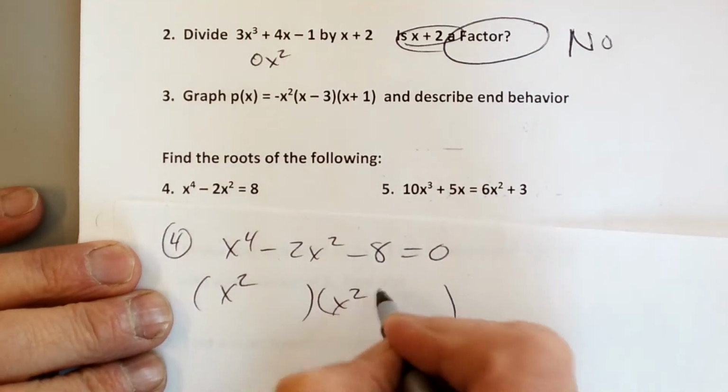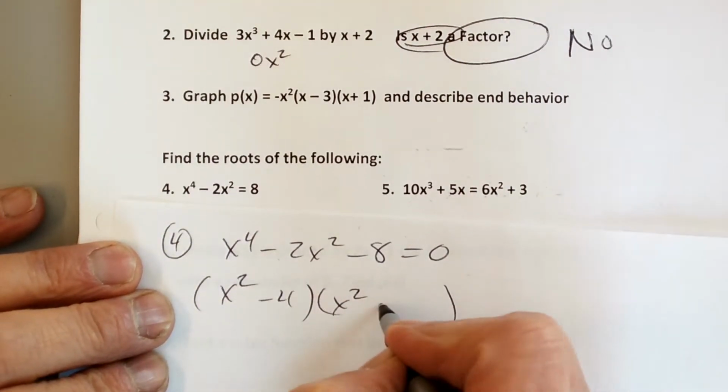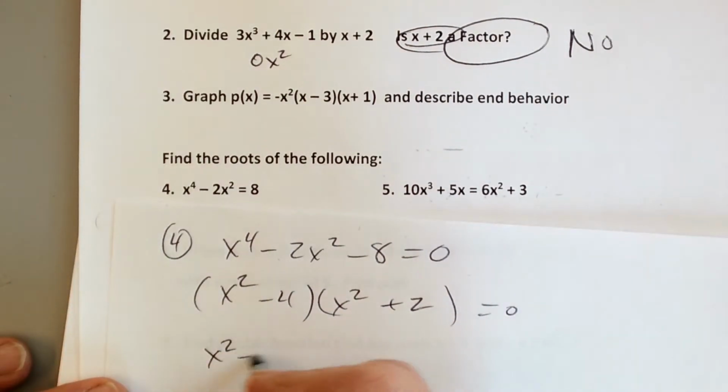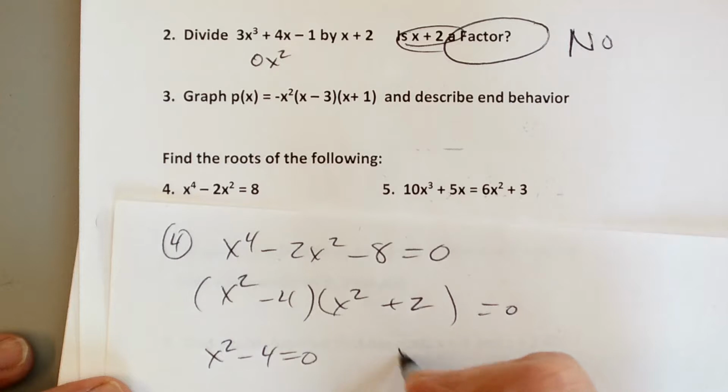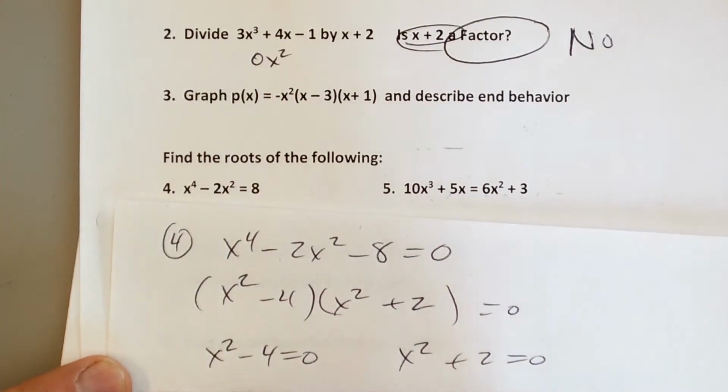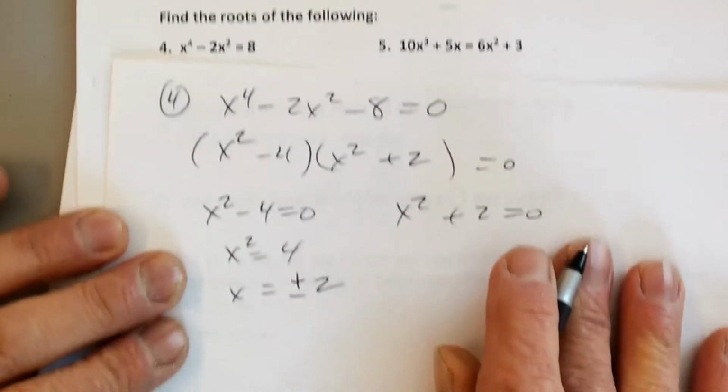x squared minus 4 times x squared plus 2, right? And then I'm going to have an x squared minus 4 equals 0 and an x squared plus 2 equals 0. If I add 4 and then I'll square root that, I'll get x is equal to plus or minus 2, right? Square root.